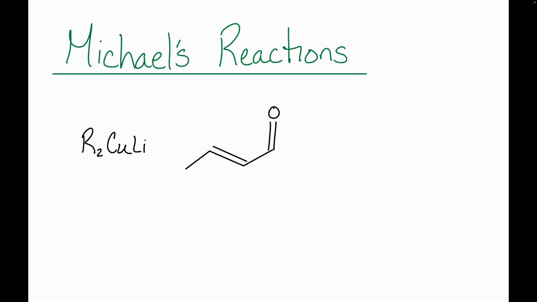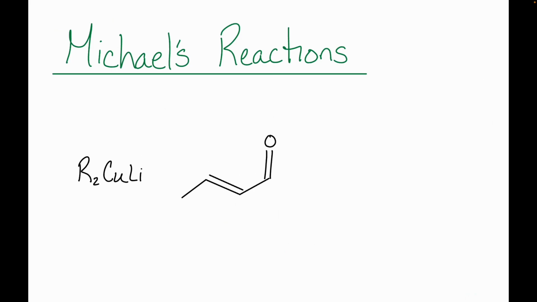These alpha-beta unsaturated ketones have two electrophilic sites: that carbonyl carbon, but because of resonance, also the beta carbon in that molecule. So, two electrophilic sites.